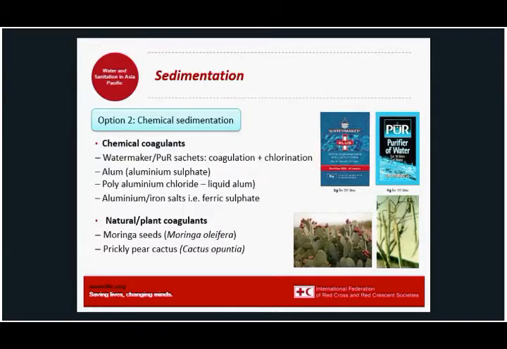Examples of chemical coagulants are WaterMaker or PUR sachet. We also have aluminum sulfate, polyaluminum chloride, or ferric sulfate. Some of you might know that WaterMaker and PUR sachet are examples of a combination of chemicals, so that they have not only a coagulant but also a disinfectant.